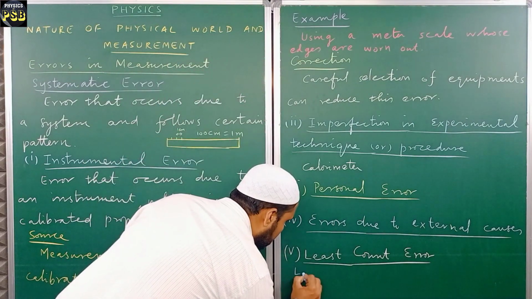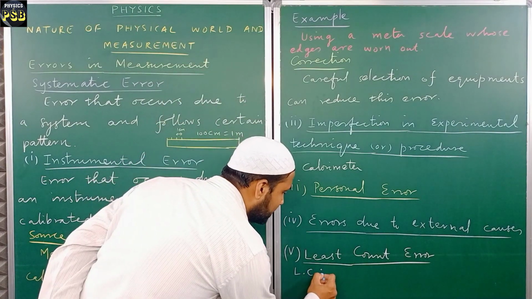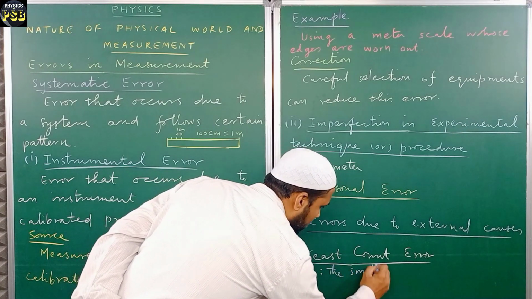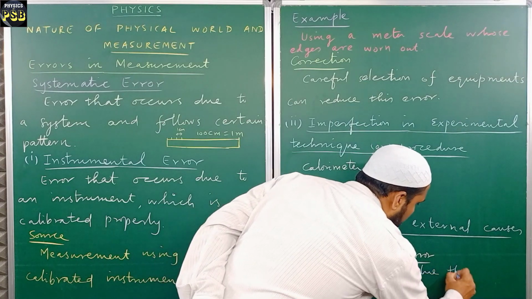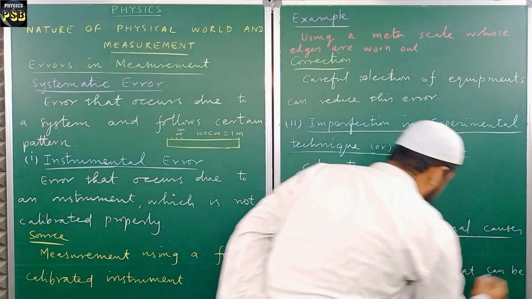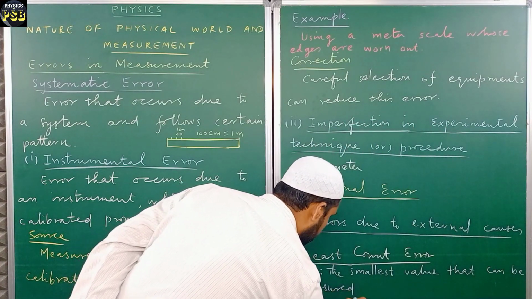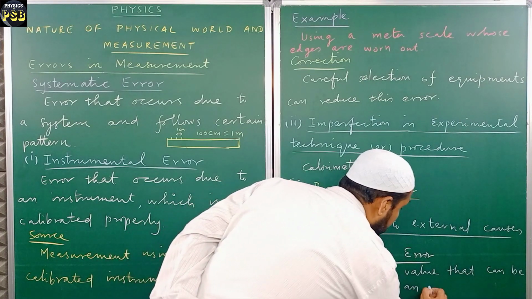Least count. In short form, it is represented as LC. It is nothing but the smallest value that can be measured using an instrument.